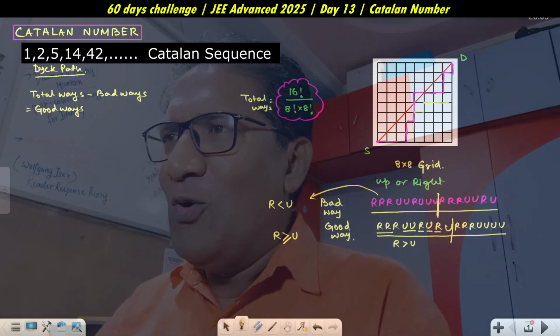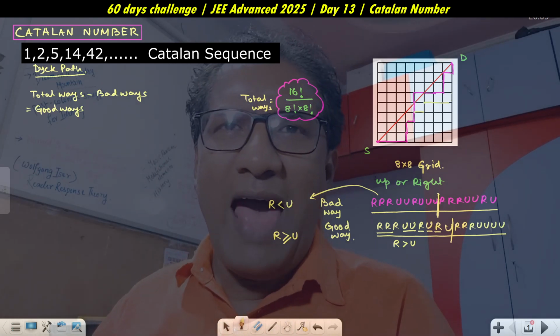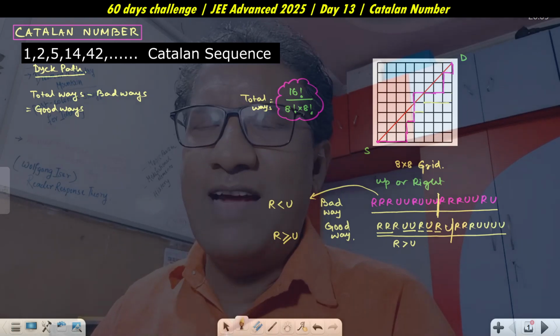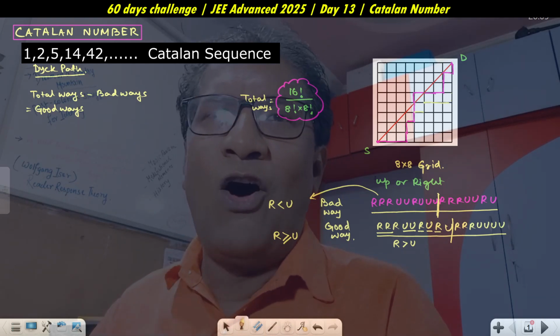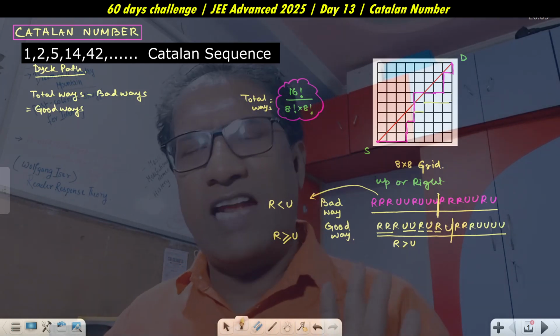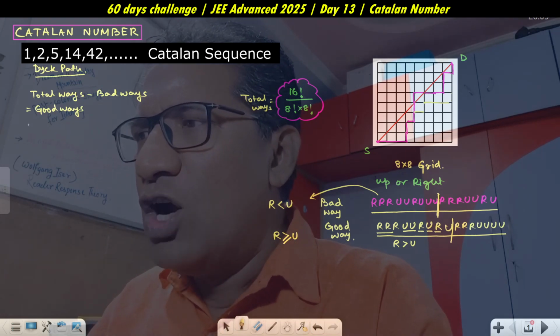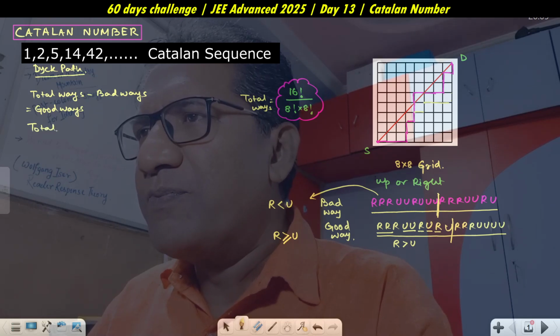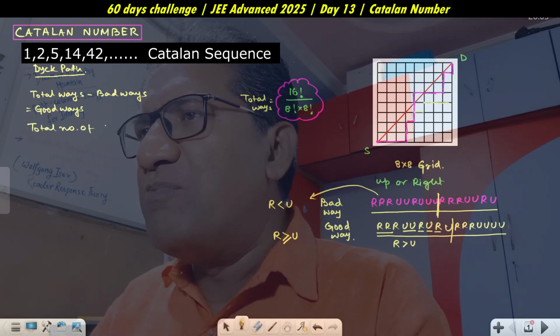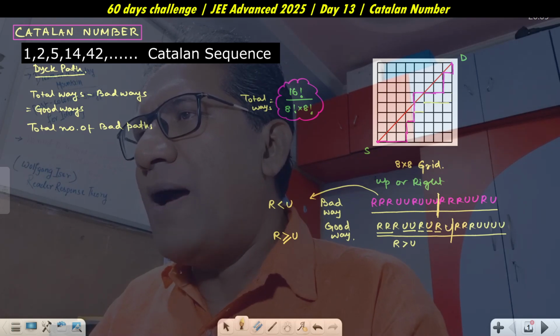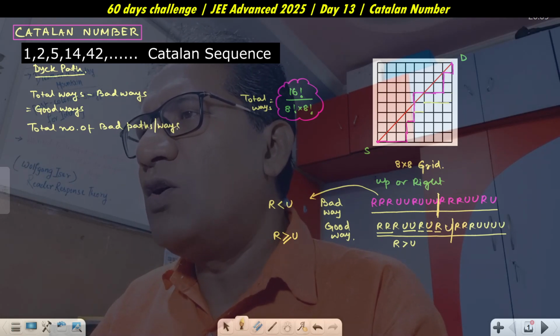So now the whole problem has been focused on how to find out the number of bad ways. That's it. So now our prime goal is to find the total number of bad paths or ways. Okay.